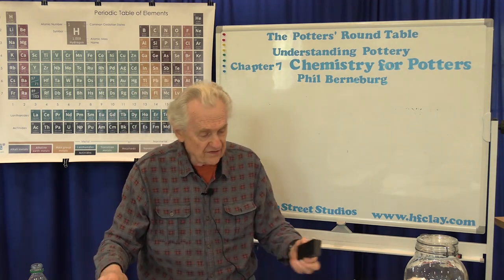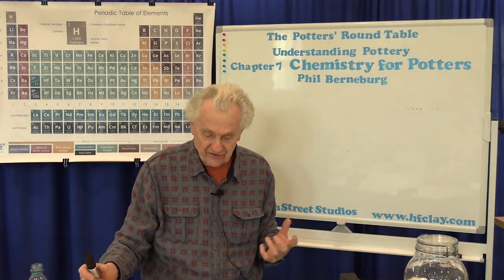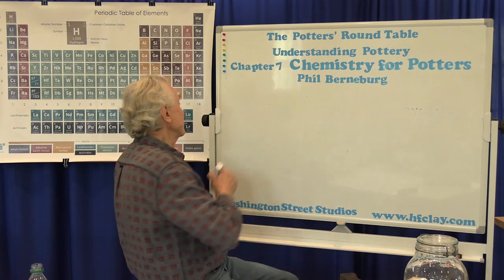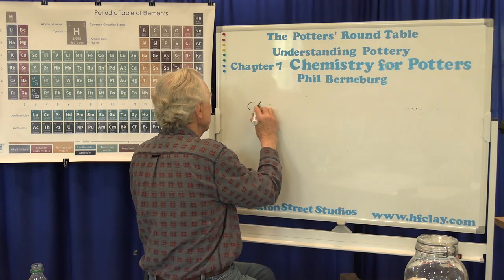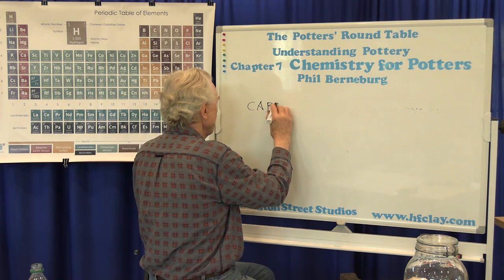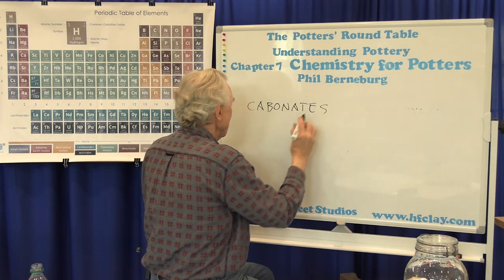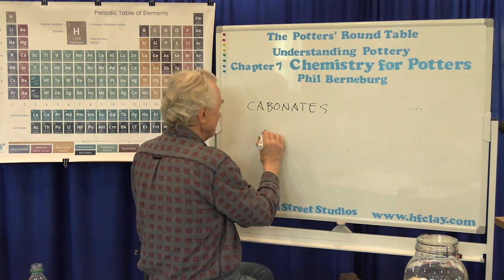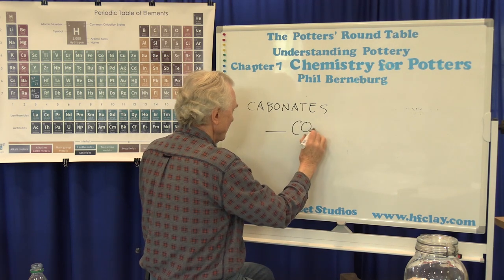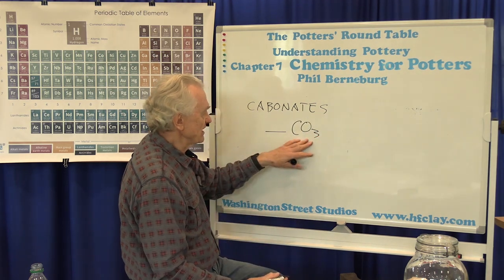But there are also compounds that consist of 3 elements. A good example is what are called carbonates. The formula might look something like this: something plus carbon and oxygen.